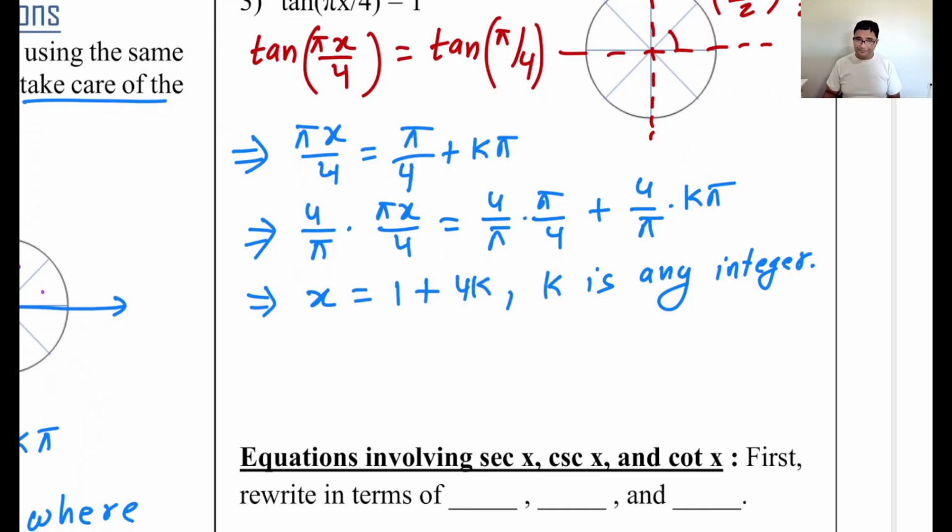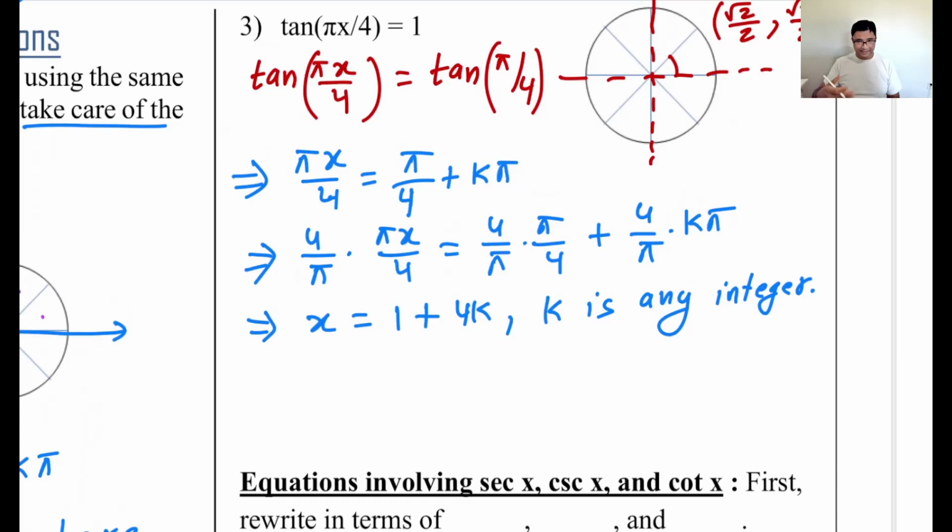All right. And so the solutions here are integers of the type 4k plus 1. So that could be like 1, 5, 9, and so on, on the positive side, and you can go on the negative side.